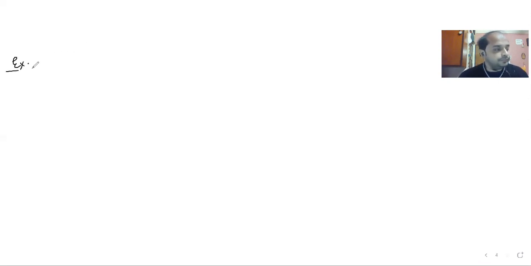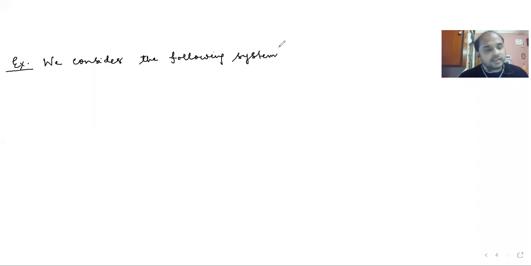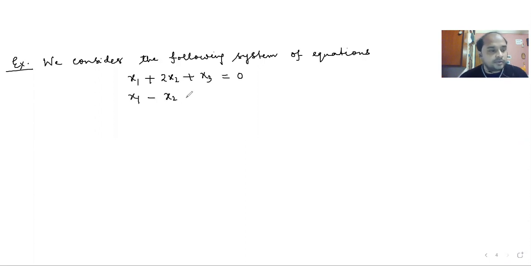Example: we consider the following system of equations: x1 plus 2x2 plus x3 is equal to 0, x1 minus x2 minus x3 is equal to 0.